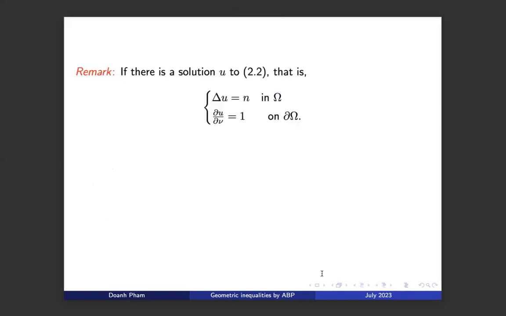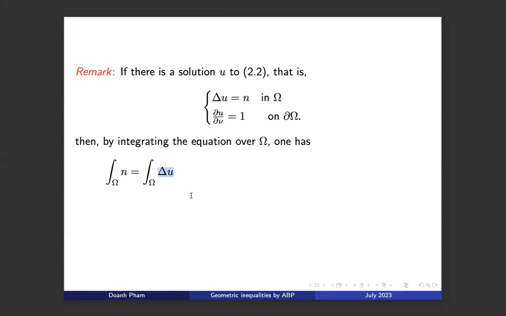So we have a little remark here. If there is a solution to the following system of equations, then if we integrate Laplacian U over omega, we have the integral over omega of n equals the integral over omega of Laplacian U. And by the Green theorem, we can continue this chain of equalities with the integral over the boundary of the normal derivative, which is 1.